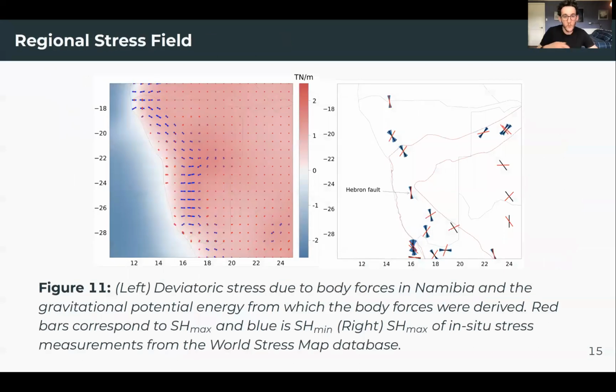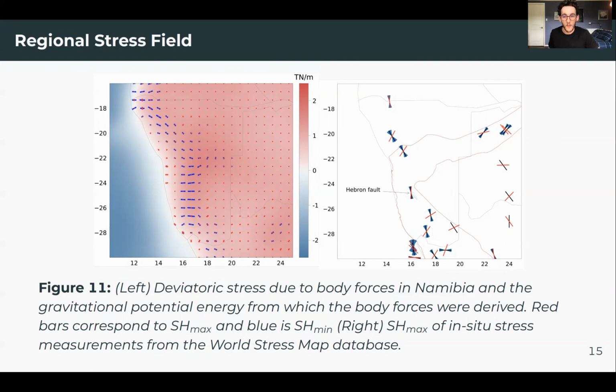So what could be causing this deformation? This is a quick plot of the gravitational potential energy calculated from the crustal thickness in the area. The Hebron fault is sitting in this central region here on the edge of the Great Escarpment, and the thicker crust of the Great Escarpment is driving extension throughout the region.